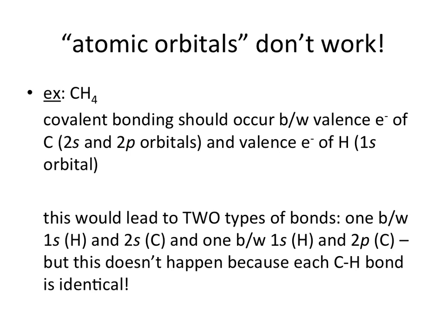Another reason we know that the localized electron model doesn't work is because if we look at an example that's more complicated, such as CH4, we would expect the covalent bonding to occur between all the orbitals that are containing valence electrons. And in carbon's case, we have 2s orbitals and 2p orbitals that have electrons in their valence shell, and then we have the hydrogen atoms that have electrons in their 1s shell.